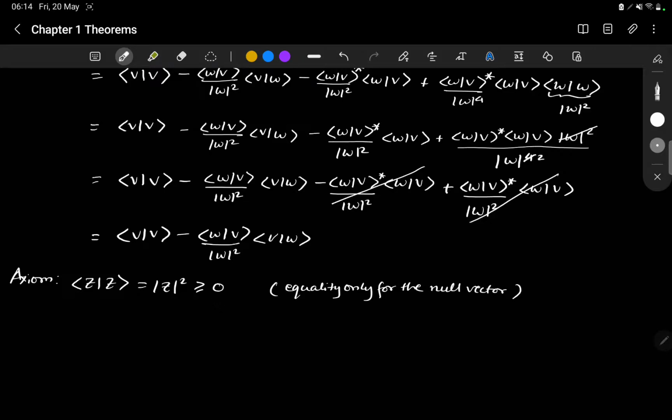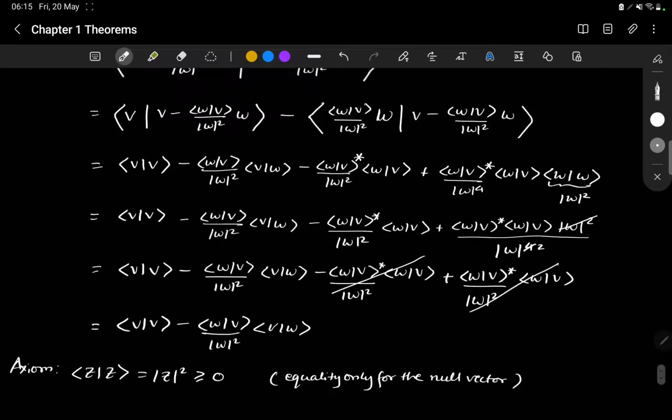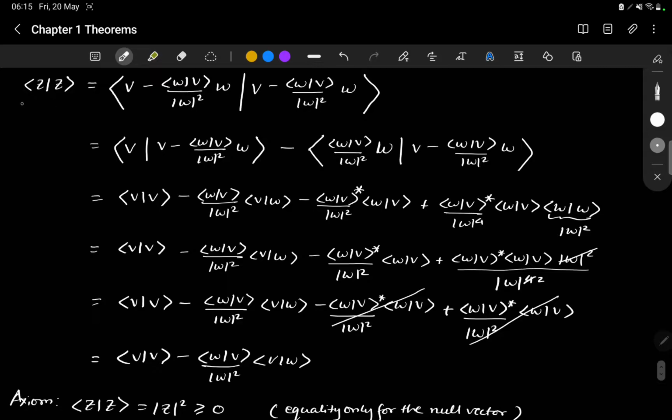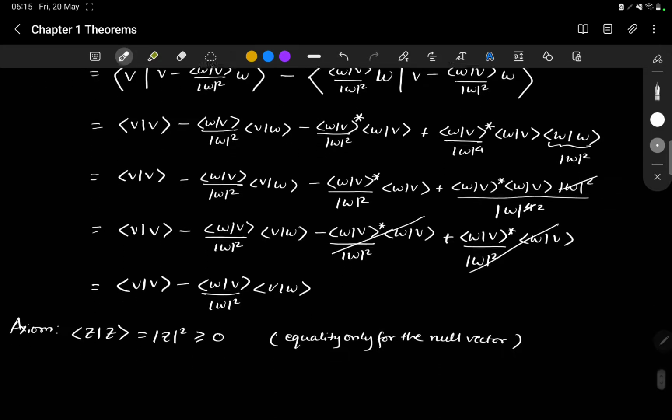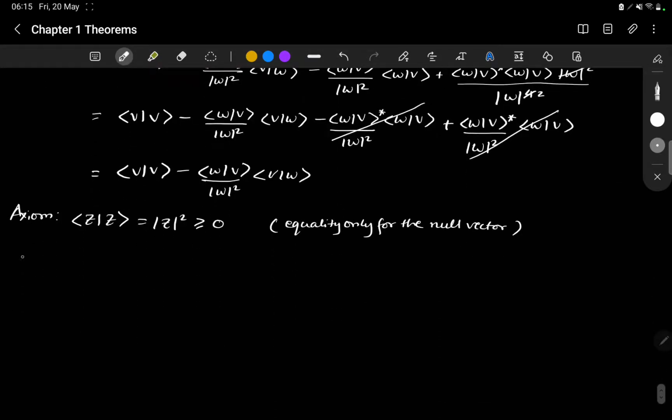For all other vectors, the inner product with itself is going to be positive. So this is an axiom. Using this axiom, we see that this inner product will be greater than or equal to 0. So this term out here would be greater than or equal to 0. Let us write it down again. So using this axiom, we have the following.